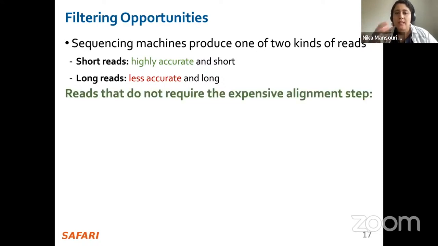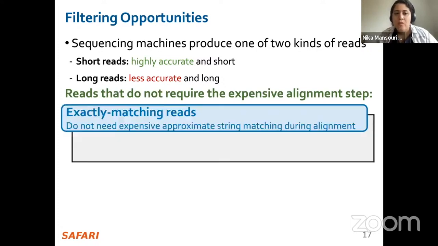Based on these, we leverage two filtering opportunities. First, we can filter exactly matching reads, which are reads that match exactly to one or more subsequences of the reference genome and do not require approximate string matching during alignment.